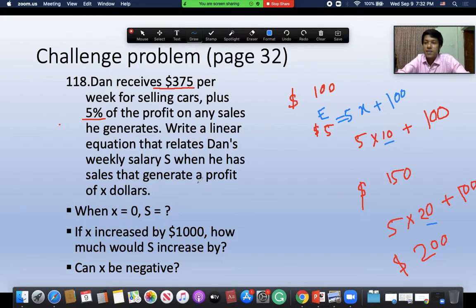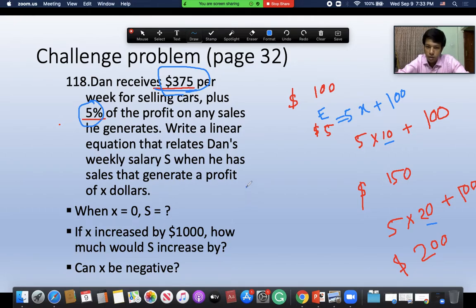This math is somewhat similar to the point that we are trying to make here. What is going on here is, they said that this is their fixed money. So instead of 100, this is their fixed money. And this is 5% of any sales he generates. Here we said directly 5, they said 5% of any sales he generates.